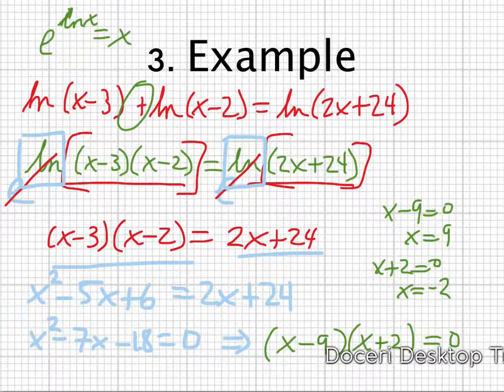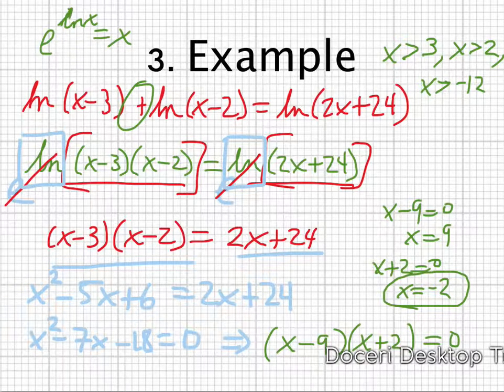Now remember our values from above: we defined our domain as x has to be bigger than 3, bigger than 2, and bigger than negative 12. If I have a value that's smaller than one of those, then it doesn't work. And x equal to negative 2 is smaller than 2 and 3, so that's not a solution. So 9 is my only solution.